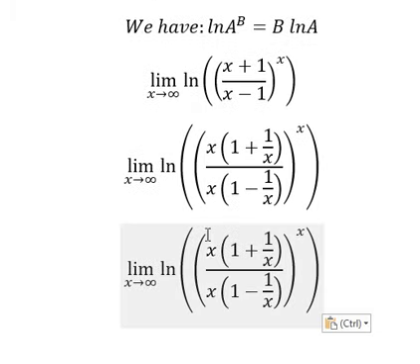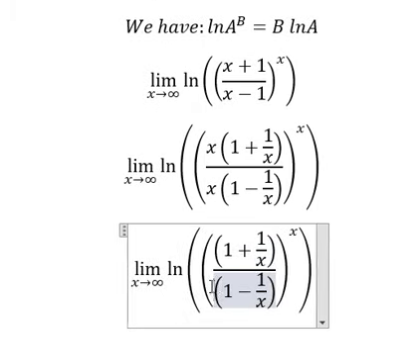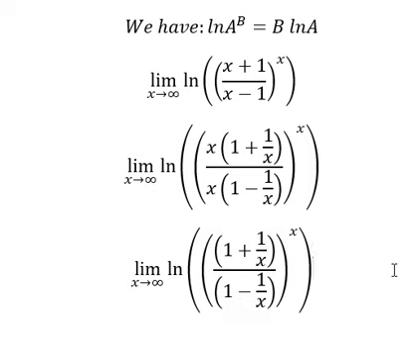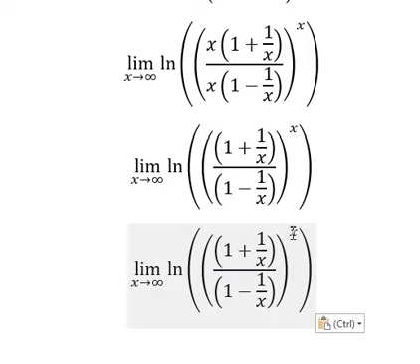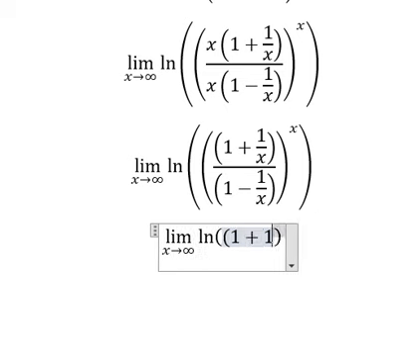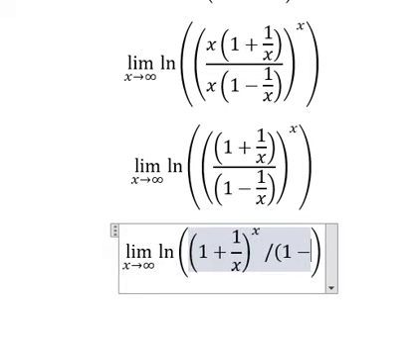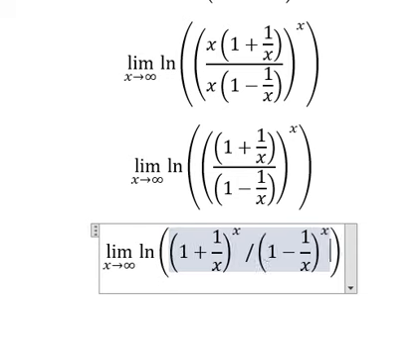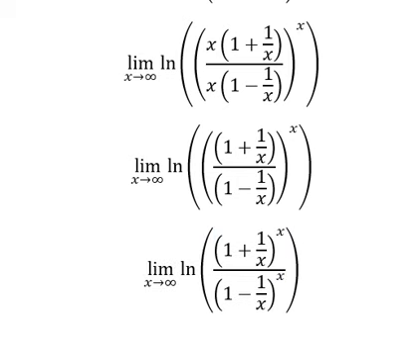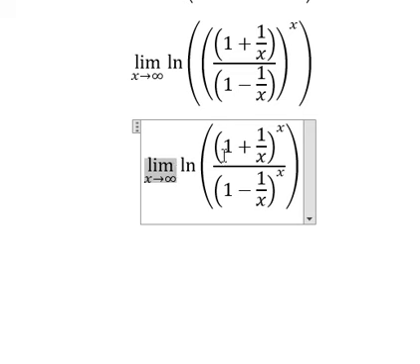Now we simplify S and S. Next, we can distribute the power of S for this one and this one. Next, I will put the limit going here and here.